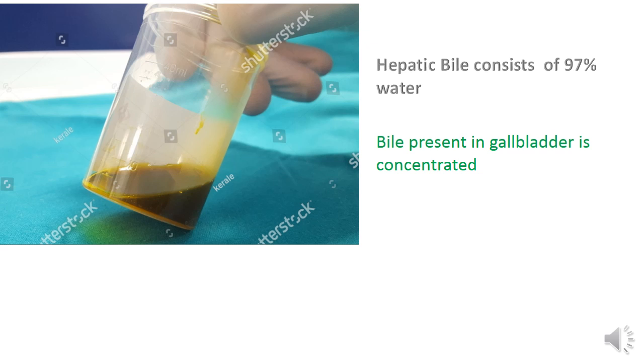But the bile present in the gallbladder is concentrated to a great extent because about 90% of water is reabsorbed in it. Apart from storage of bile, one of the most important functions of the gallbladder is to concentrate it. But in spite of this concentrated version, the bile present in the gallbladder still has water as its solvent.